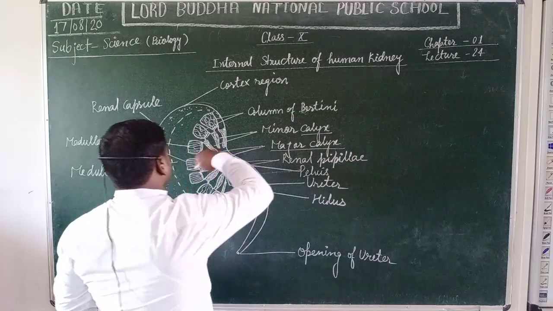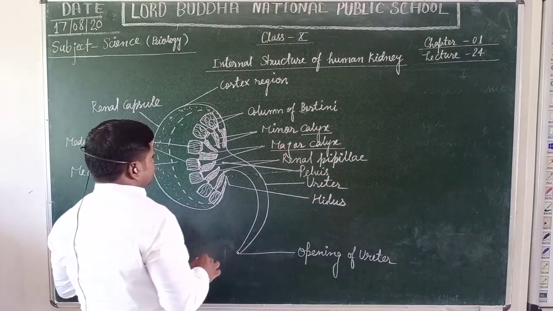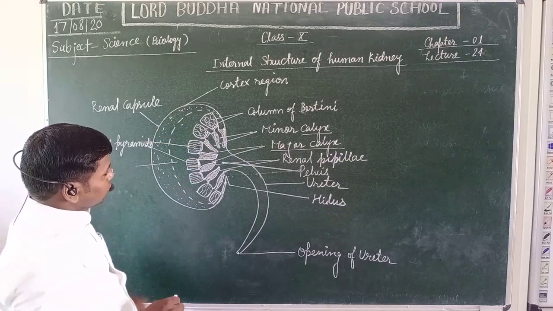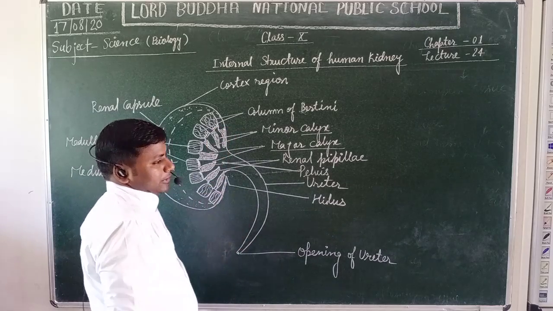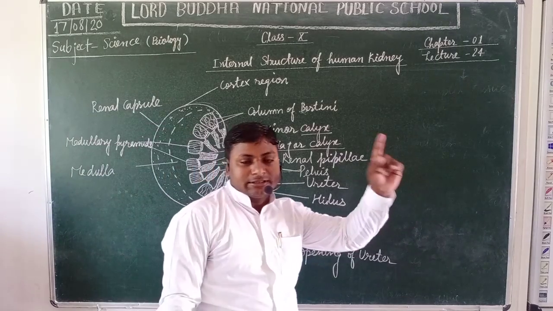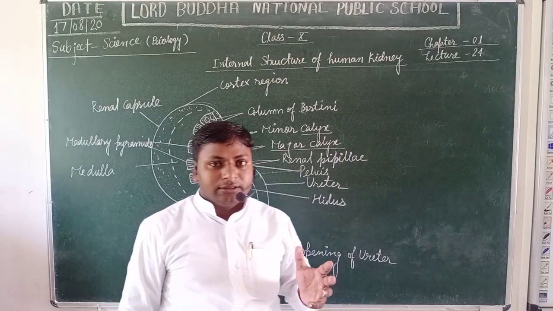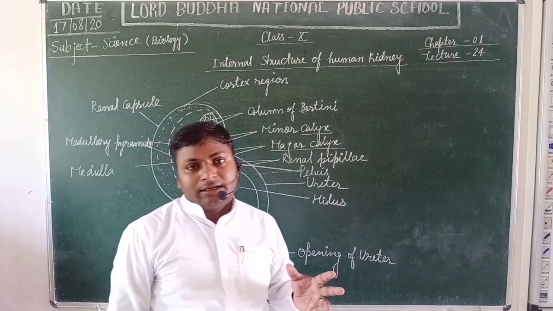After the arrival of urinated blood into the uriniferous tubules, three processes take place. The first one is the process of ultrafiltration, the second is the reabsorption process, and the third one is secretion.